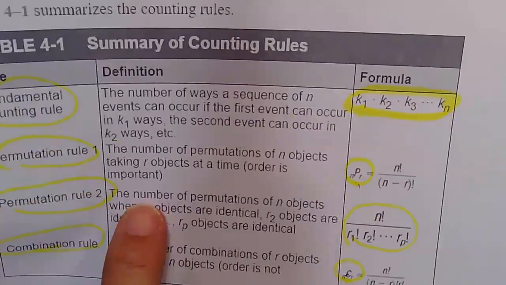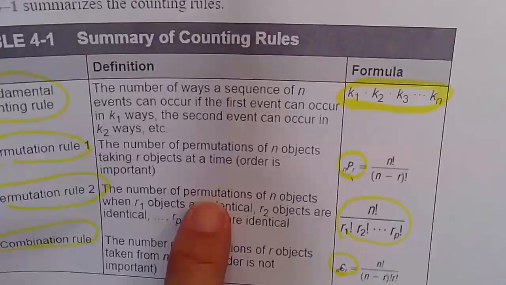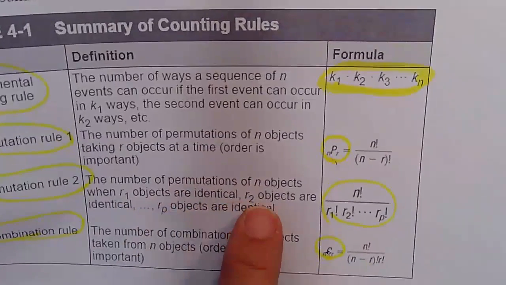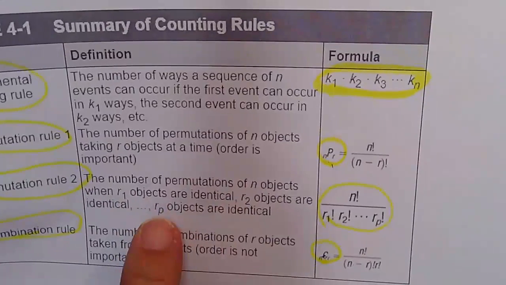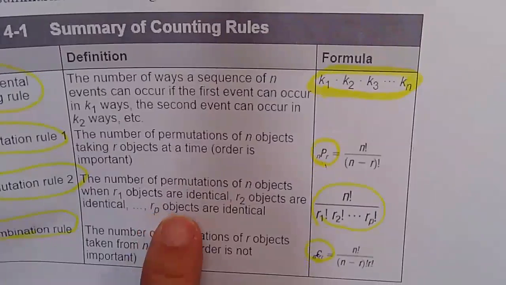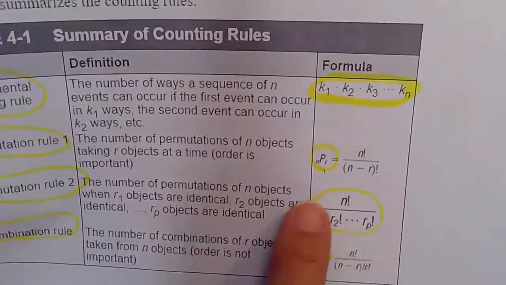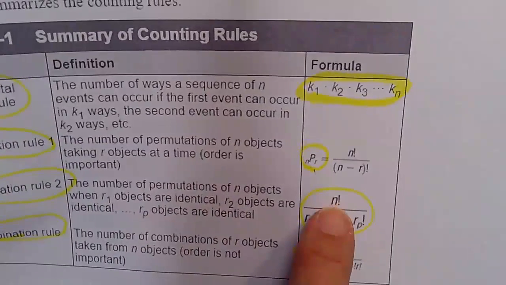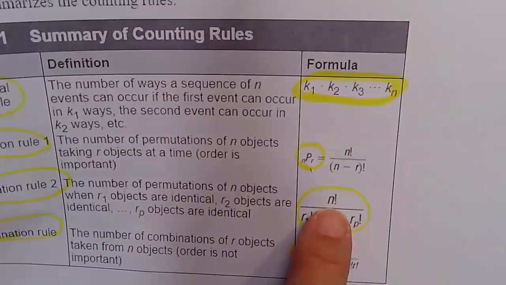The number of permutations of n objects where r1 objects are identical, r2 objects are identical, all the way to rp objects are identical. In these formulas, you're going to be given a word, and n is the amount of letters in the word.